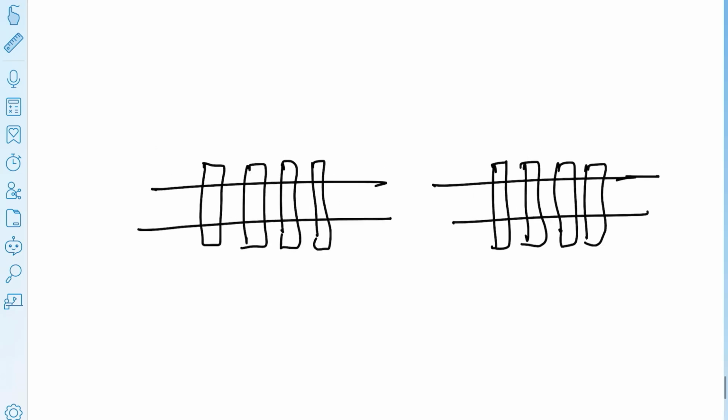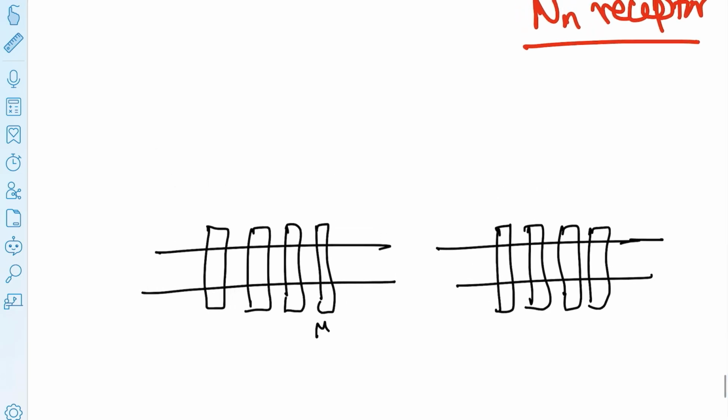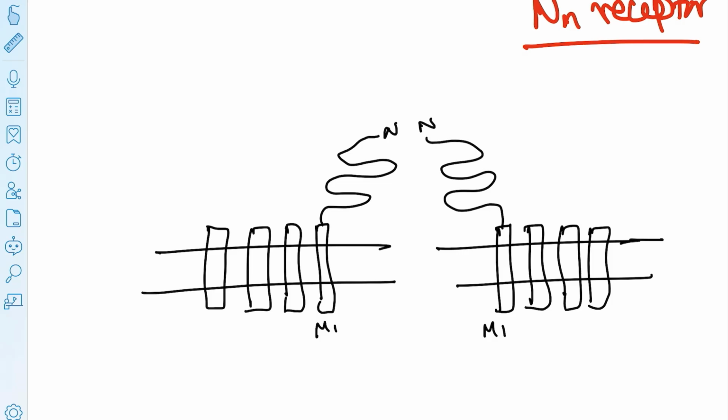Now suppose this is the M1 region and this is the M1 region of the other subunit, and as I told you, we have a long N-terminal chain present here. A similar chain is present in this region as well. Okay, so suppose the two extracellular regions are present close to each other, and they form a particular space for the agonist to bind in this region. Suppose this is the alpha subunit and this is the beta subunit.